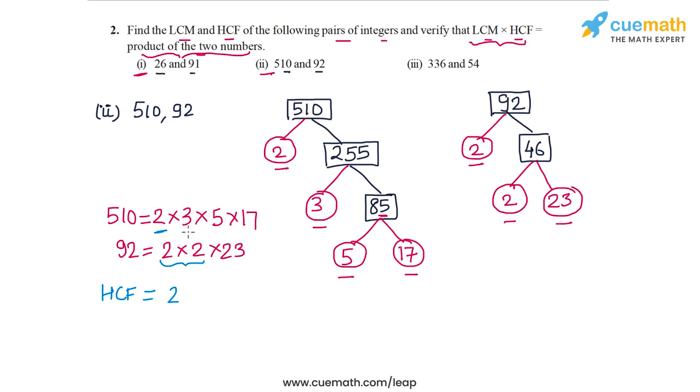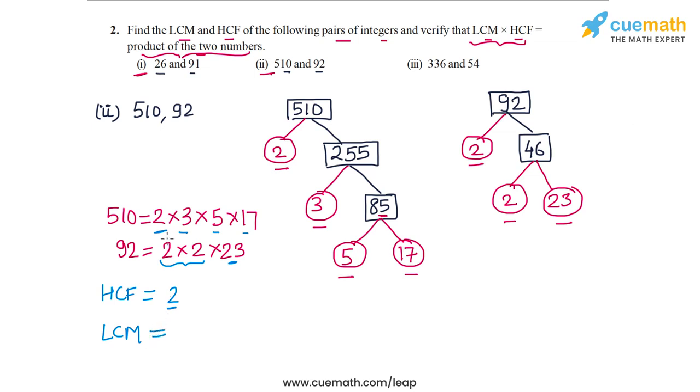But we see that none of the other prime factors, 3, 5, 17 or 23 here, none of these occur in both the numbers. So they won't be present in the HCF. So the HCF is just 2, the number 2. Now let's find the LCM. To find the LCM, we will take the product of the largest power of each prime factor in the two numbers.